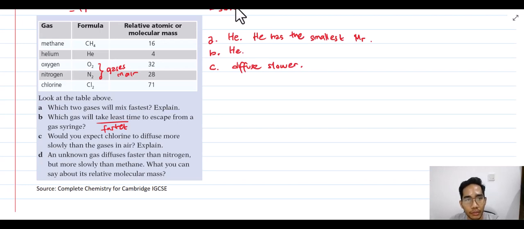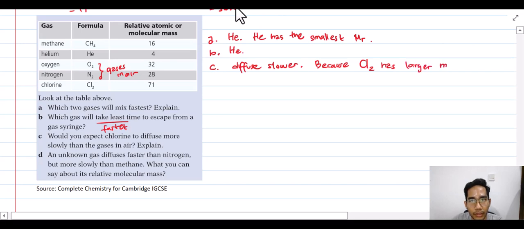Because chlorine has larger molecular mass than oxygen and nitrogen, we can conclude that chlorine will diffuse slower. So the explanation for our answer is because chlorine has larger molecular mass than gases in air, which are O2 and N2.